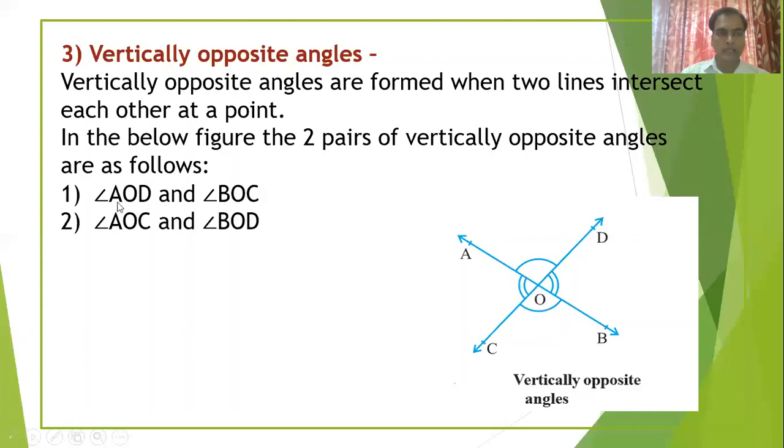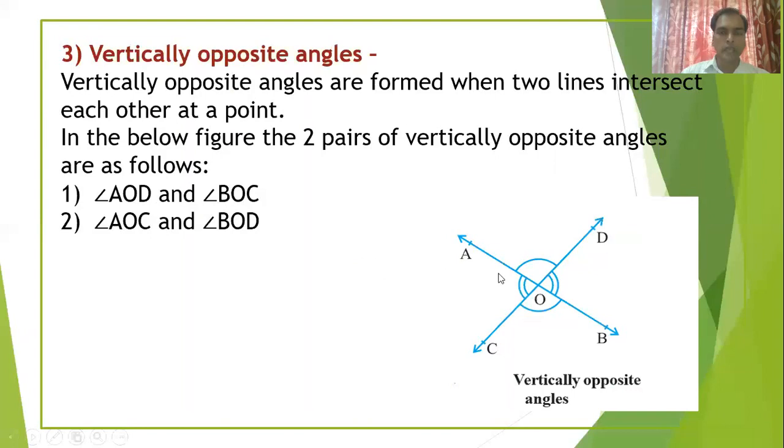First pair is angle AOD and angle BOC. As you can see in the diagram, it is marked by a single arc. This is the first pair of vertically opposite angles.